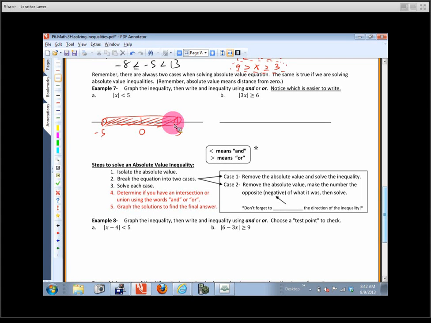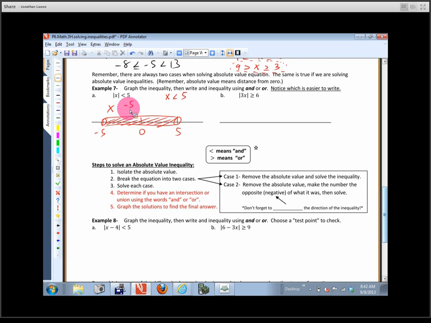The easiest way to do this is to kind of think of it that way. Remove the absolute value. That's one inequality. That's the one that's less than 5. And remove the inequality and throw a negative on there. What would happen on an inequality if I just introduced a negative? What do we normally have to do with an inequality if we put a negative on something?